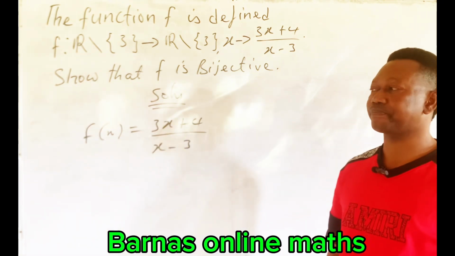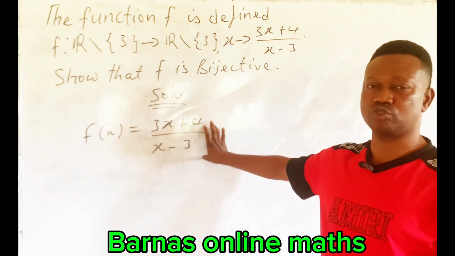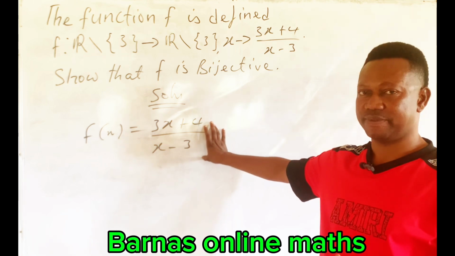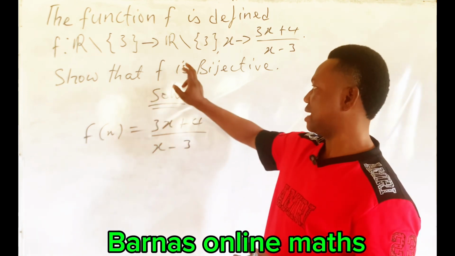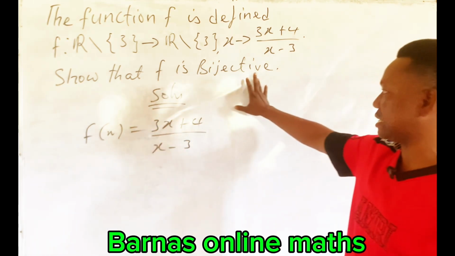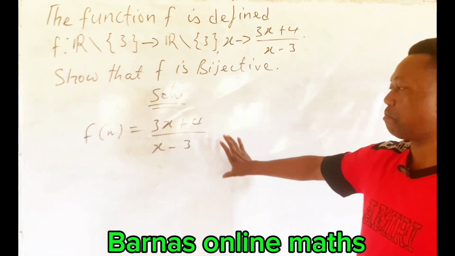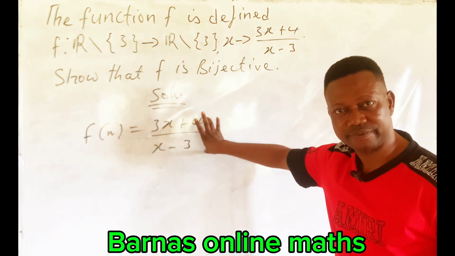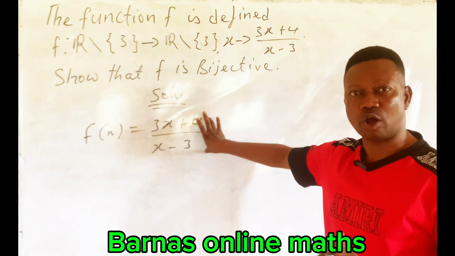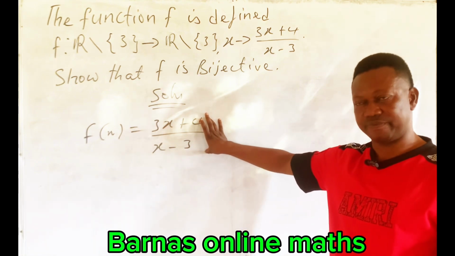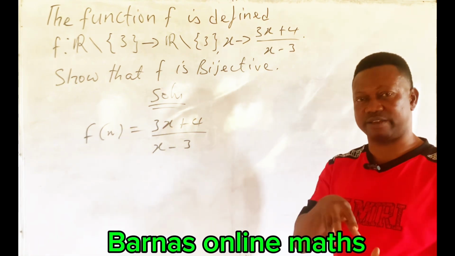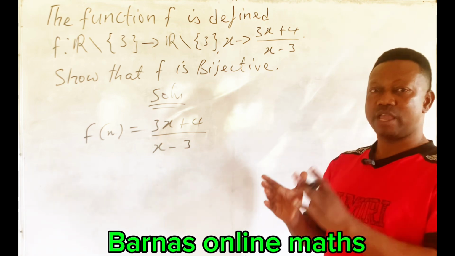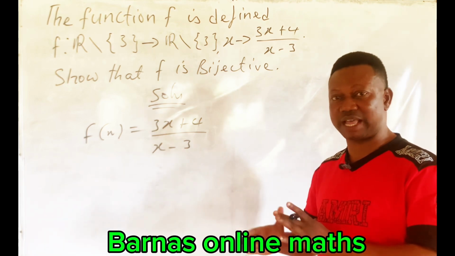I repeat, for this function to be bijective, it must be surjective, that is onto, and also injective, that is one-to-one.